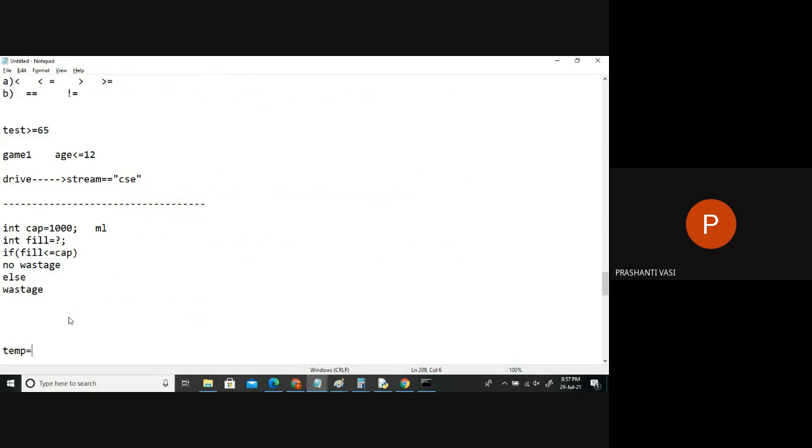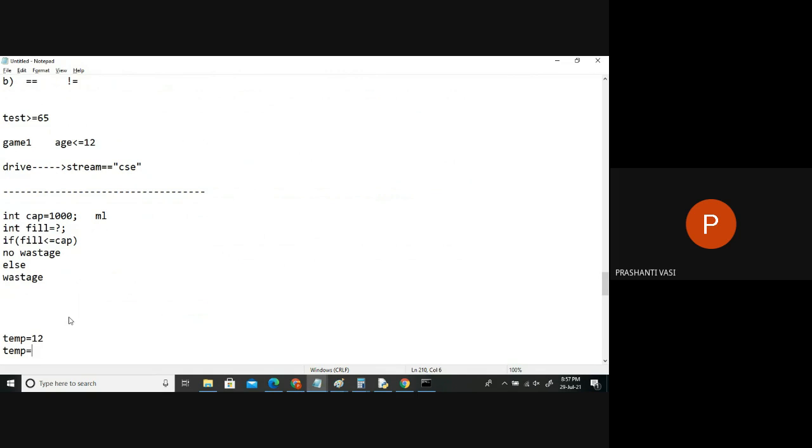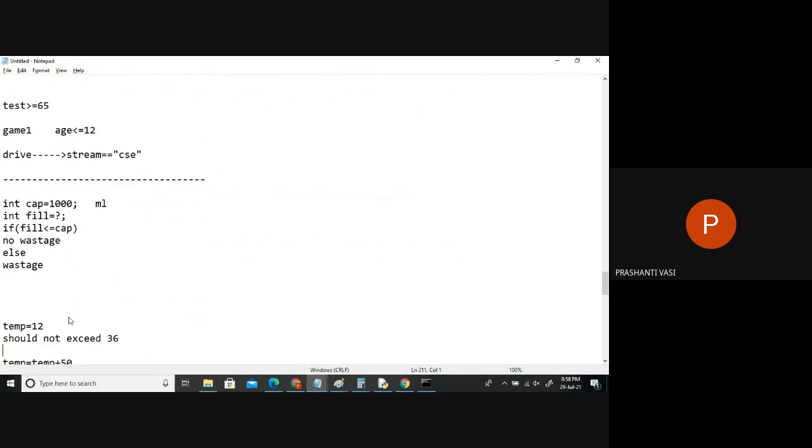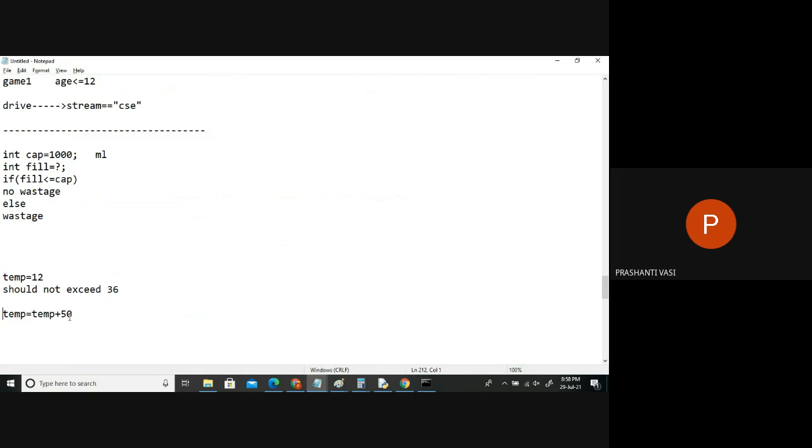If the temperature is already set to 12 degrees, and somebody by mistake accidentally applies plus 15 on it, should it increase the temperature, or should it check and then increase the temperature? It should not exceed 36 actually. The system should not exceed which value? 36 degrees.